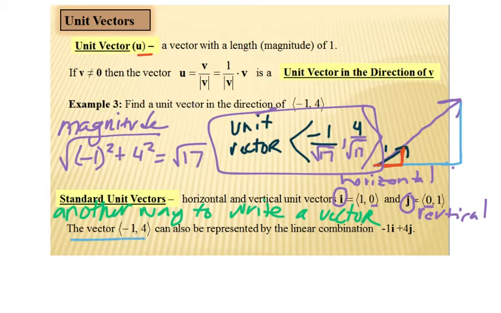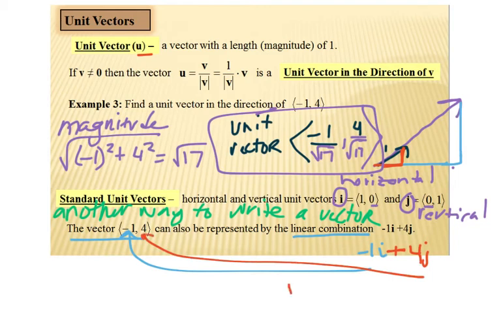So the vector <-1, 4>, however, can also be represented by the linear combination, so that's what we're calling this standard unit vector. Linear combination because of this addition here. It looks like -1i, again because of the -1 here, plus 4j, again instead of these symbols.